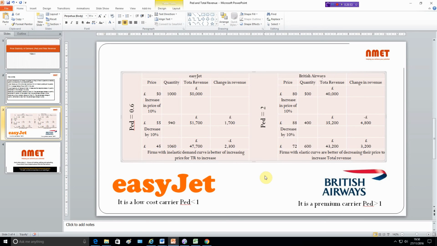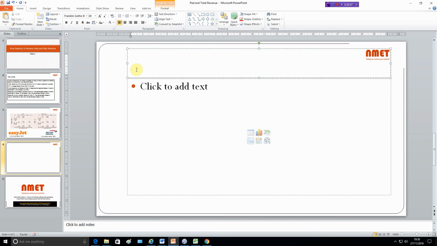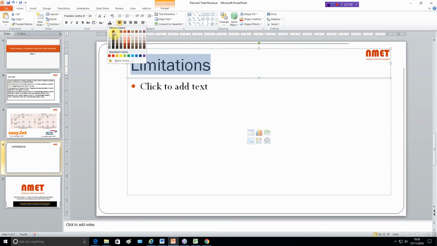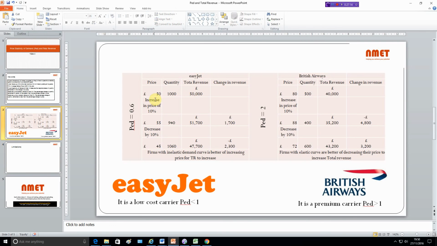Now, there are certain limitations to this approach of increasing and decreasing prices. First of all, if EasyJet increases their price, now over here it's £50 and then the premium airline is £80.